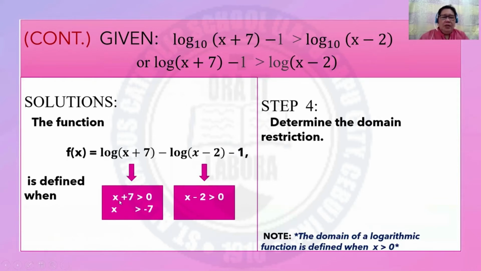And when you simplify this, x is greater than negative 7. Simplifying this inequality, you have x is greater than 2.